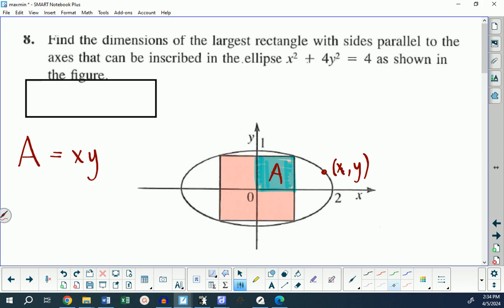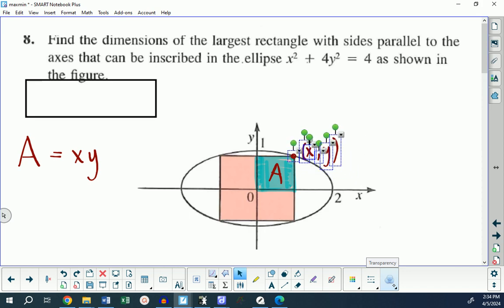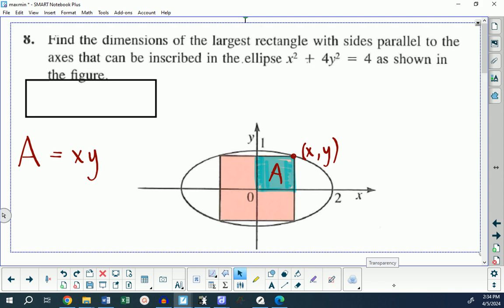X has a particular value, and y has a particular value. But when you square x and add 4y squared, you're going to get 4. So this point has an x-coordinate that's the width of this rectangle and a y-coordinate that's the height.